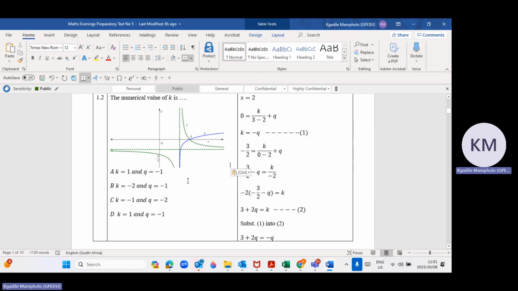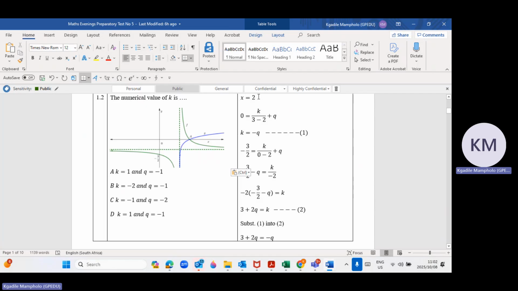But we know that f passes through A and through the y-intercept, which is negative 3 over 2. So you make equation 1 by substituting the coordinates of A, then equation 2 by substituting the coordinates of the y-intercept, which is (0, negative 3 over 2).